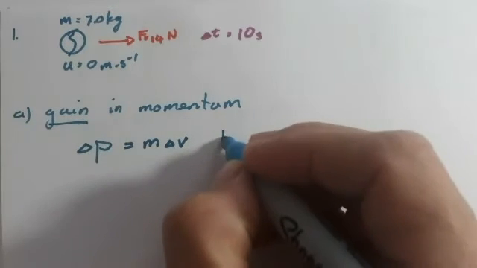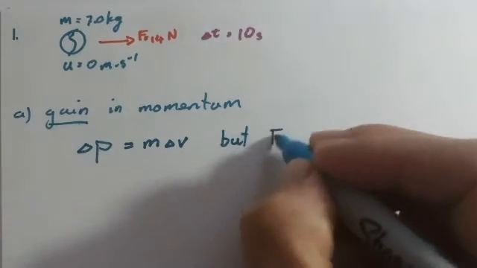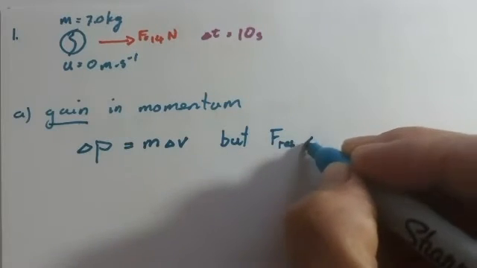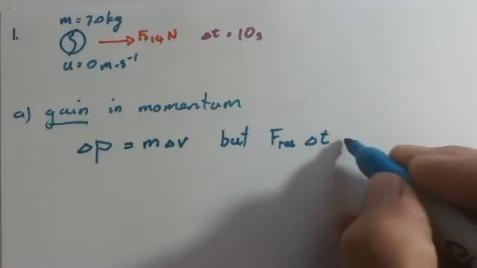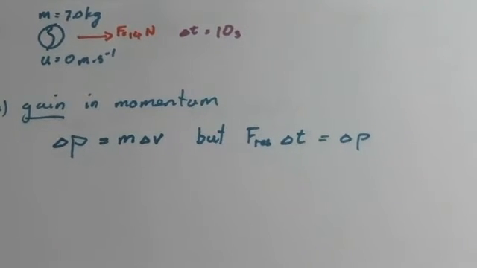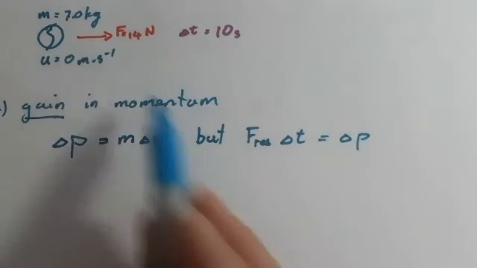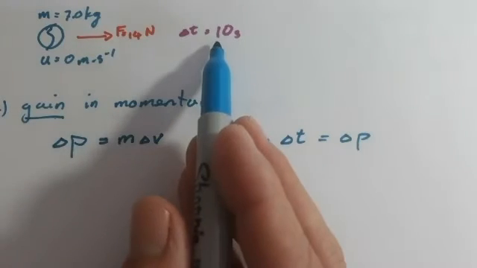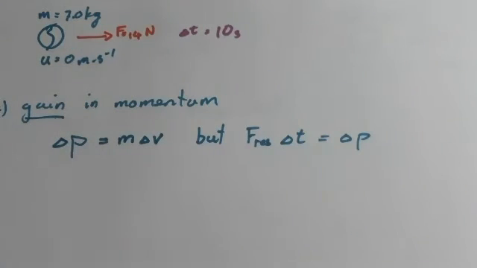But we also know the following. We know that the resultant force times time, impulse, is also equal to the change in momentum. And because we have a force that is causing this change in momentum for that specific time period, this is what we will be using to calculate the gain in momentum.